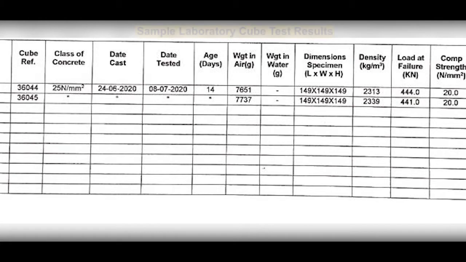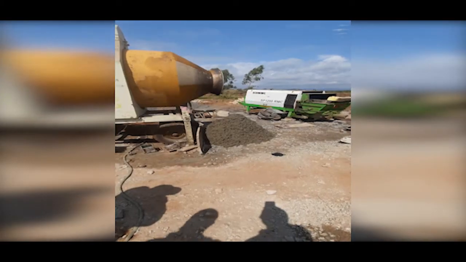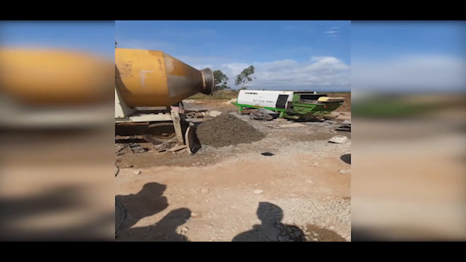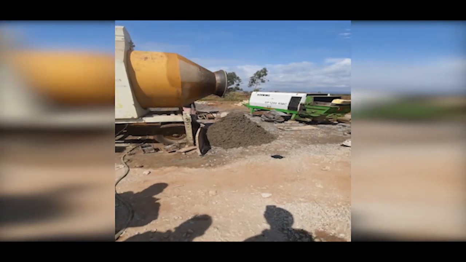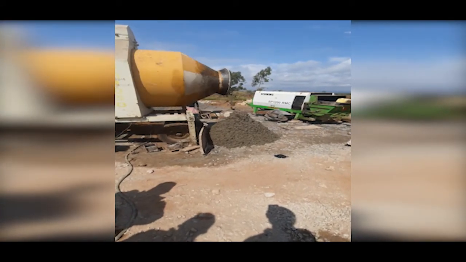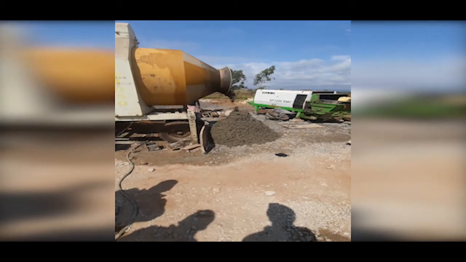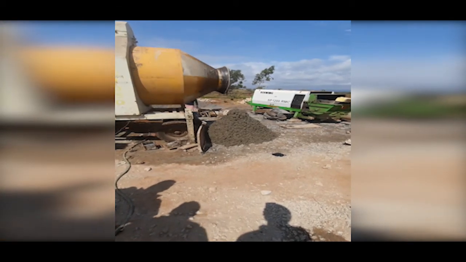So at the bare minimum, we'd expect sites to have the drum mixers that rotate and mix the aggregates, cement, water, all those components of concrete properly, so that we achieve at least the target strength.